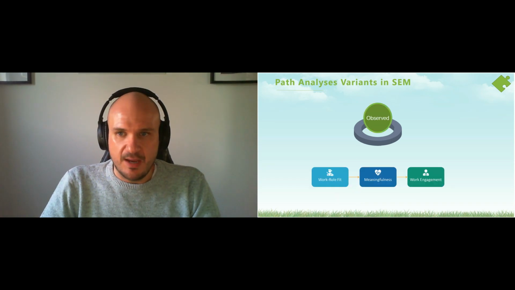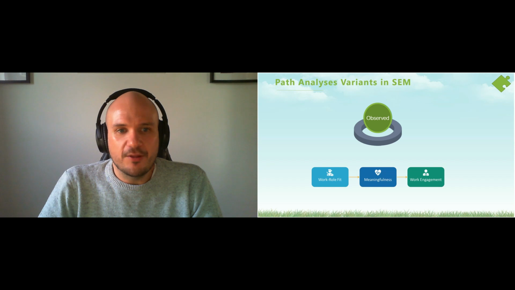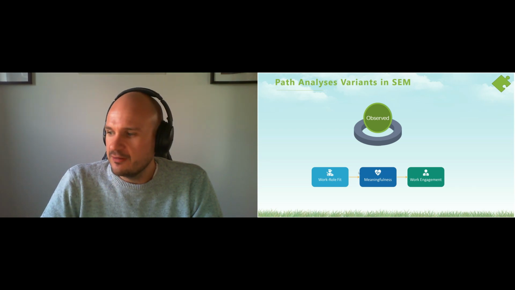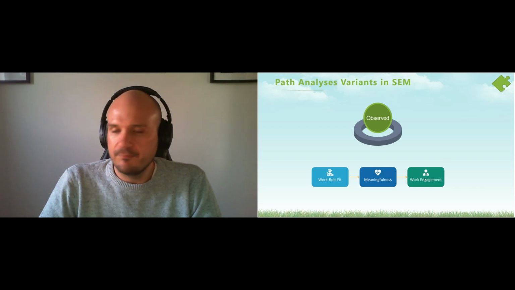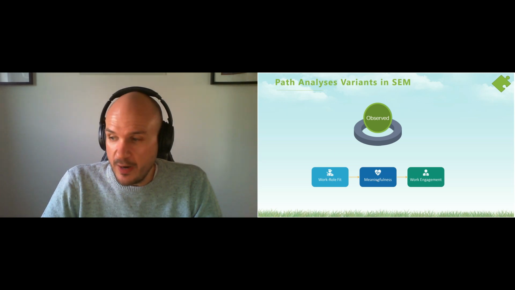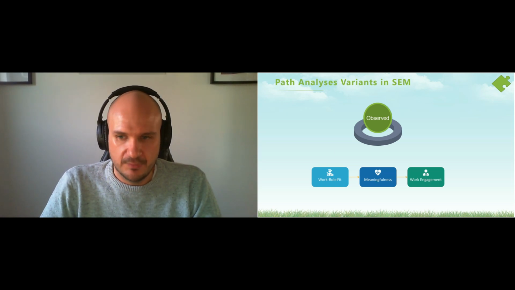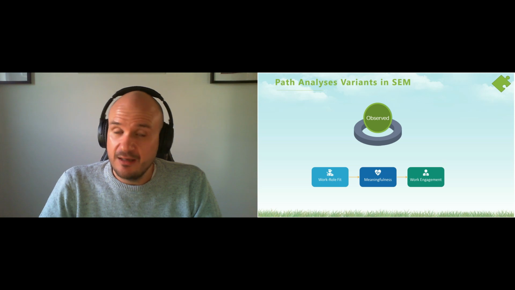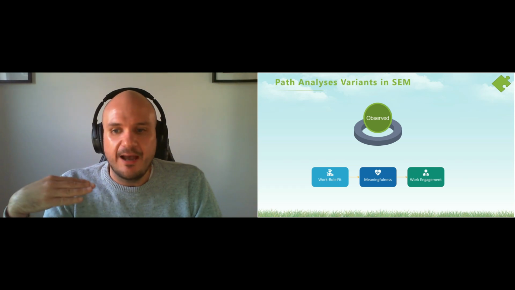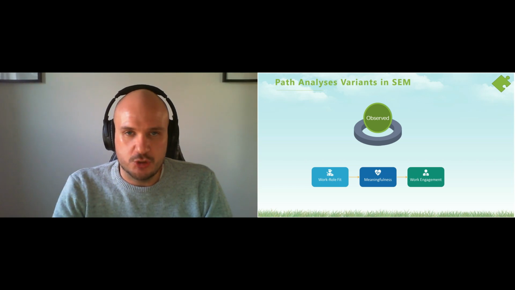We can also estimate a normal path analysis with observed indicators. This is kind of like what we did initially with the regressions. We have work role fit predicts meaning, and meaning predicts work engagement, but they're squares, so they're mean scores here. In this case, unlike the other approach, we can only estimate the structural model.